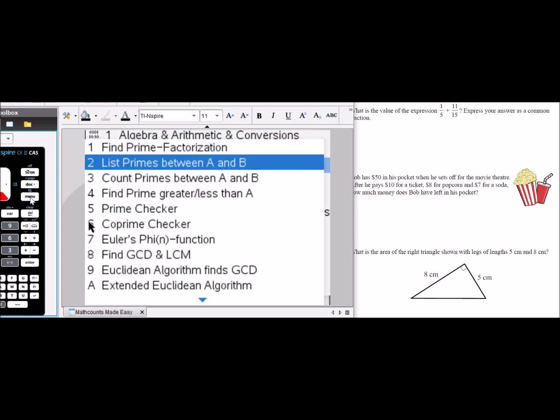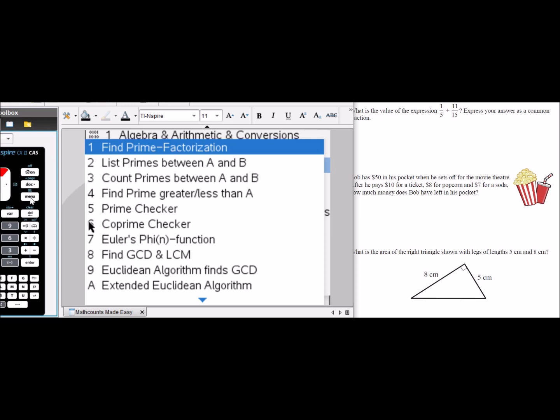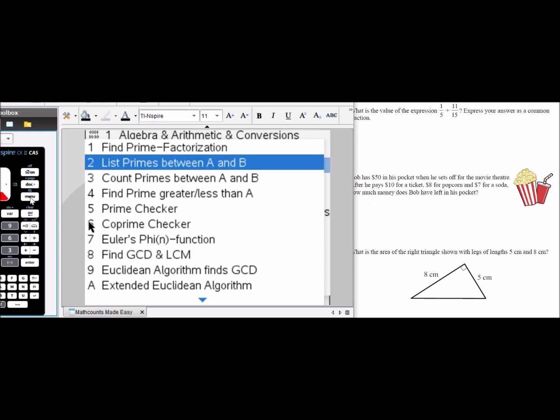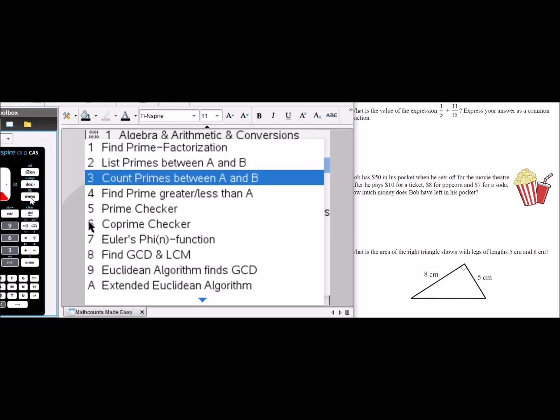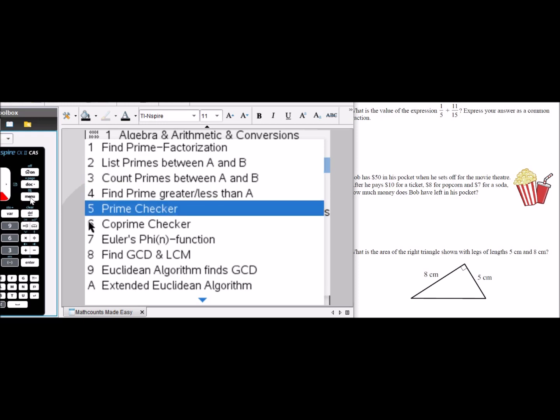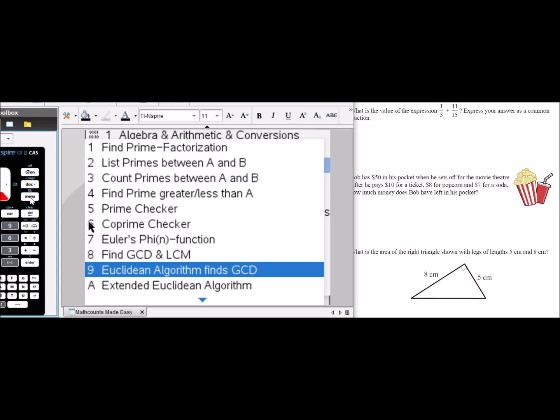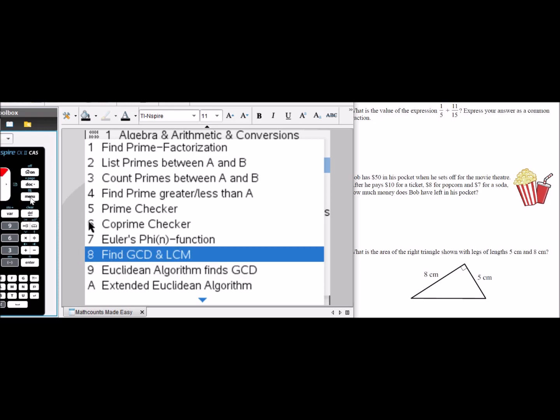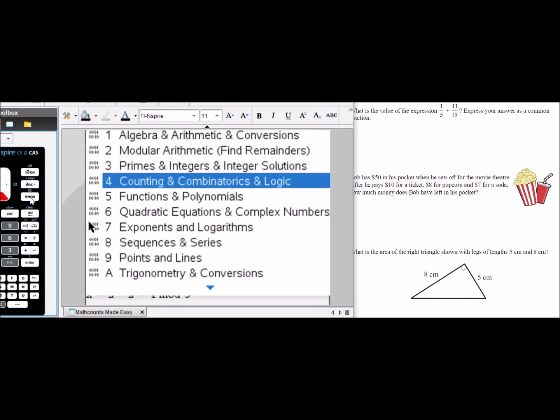Primes, integers, so you can of course find the prime factorization of an integer. You can list primes, you can count primes, you can check if a number is a prime number, and so forth and so forth. So it's very powerful and very useful.